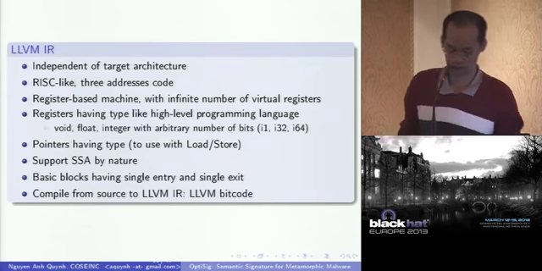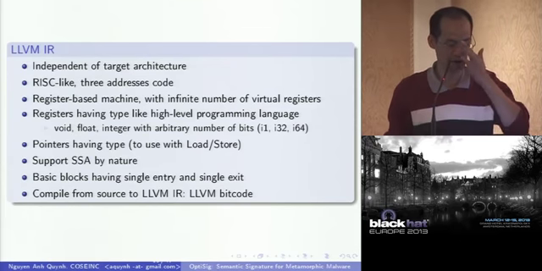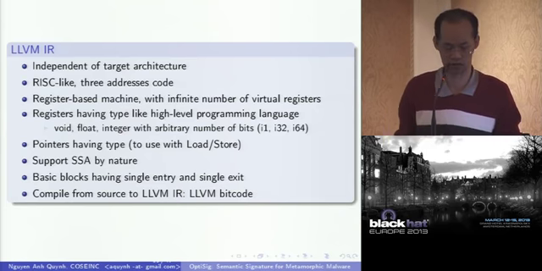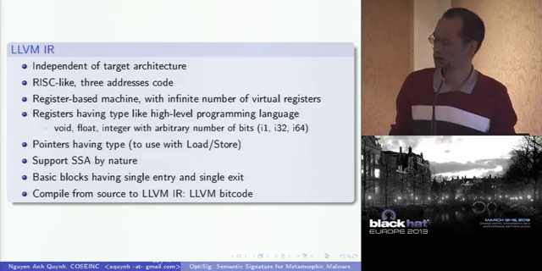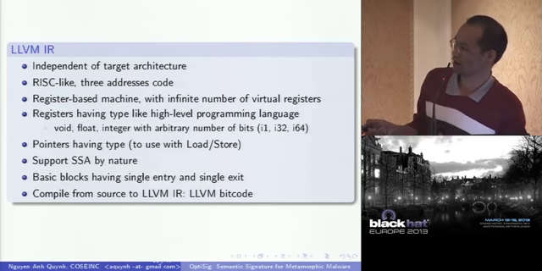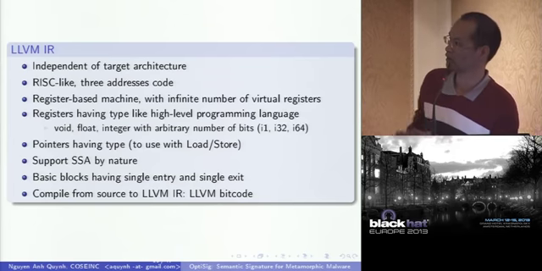So the core component of LLVM is the IR. The LLVM IR is independent of the target architecture, which means it doesn't depend on your machine. It can be x86, PowerPC, or ARM. It's a reduced instruction set, which means they have very few instructions, not like Intel.